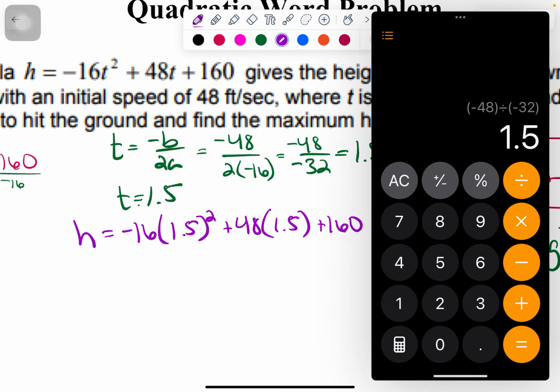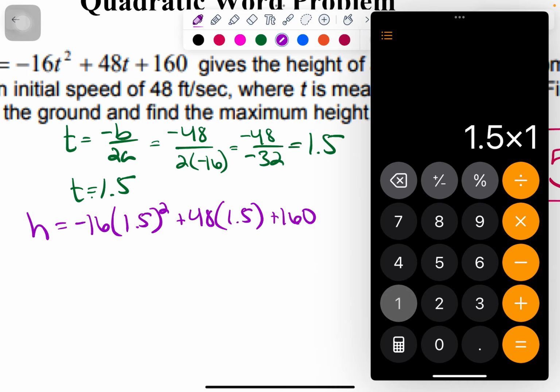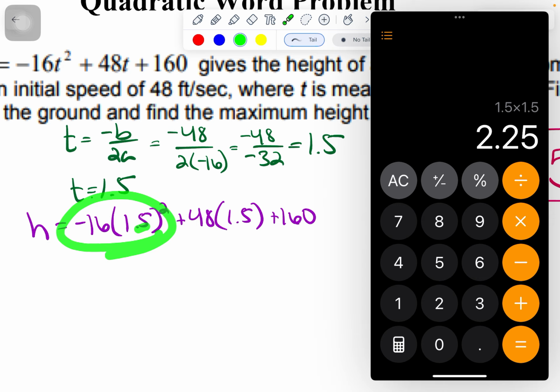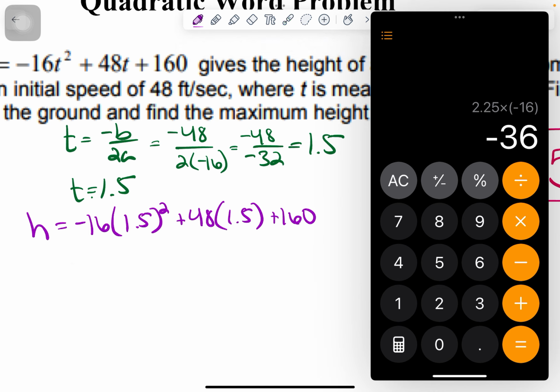All right. Now, not a huge fan of the calculator here. I'm going to do this in kind of parts. So 1.5 times 1.5, so 2.25. I'm going to go ahead and multiply that times a negative 16. That is going to be negative 36. And then if I do 48 times 1.5, that's 72.